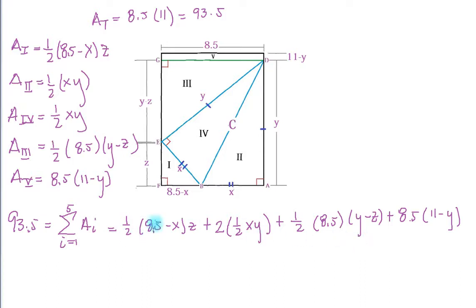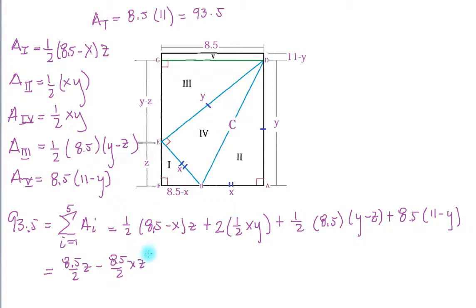Now let's simplify this better. For simplicity, I'm just going to write 8.5 over 2, and let's distribute it. So we have 8.5 over 2 z minus 8.5 over 2 xz.